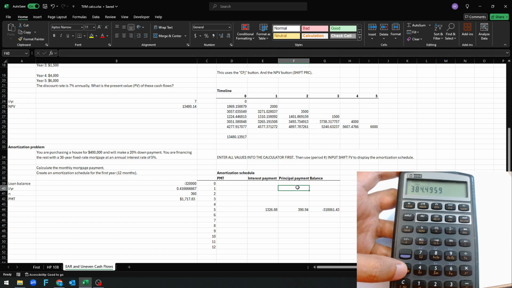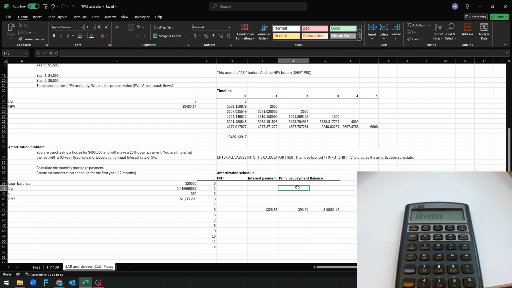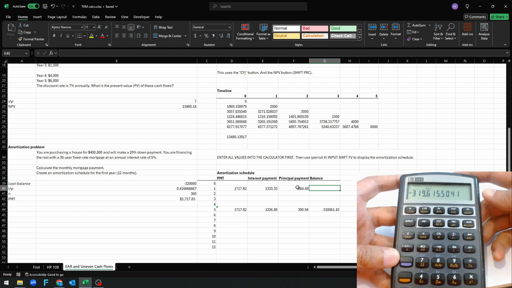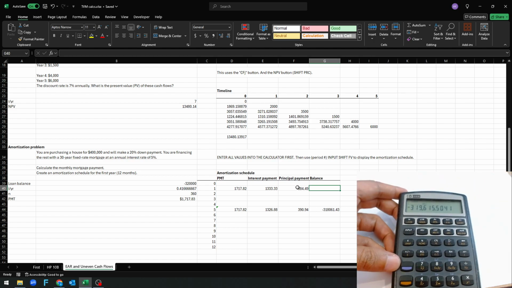The principal payment in period 1 is $384. We see that the interest payment is 1,333.33. And you can see the sum of these is going to be our payment; it's probably because of rounding that it's slightly off, but it's basically going to be the right answer. And then we can calculate the balance at the end of period 1: 319,615.